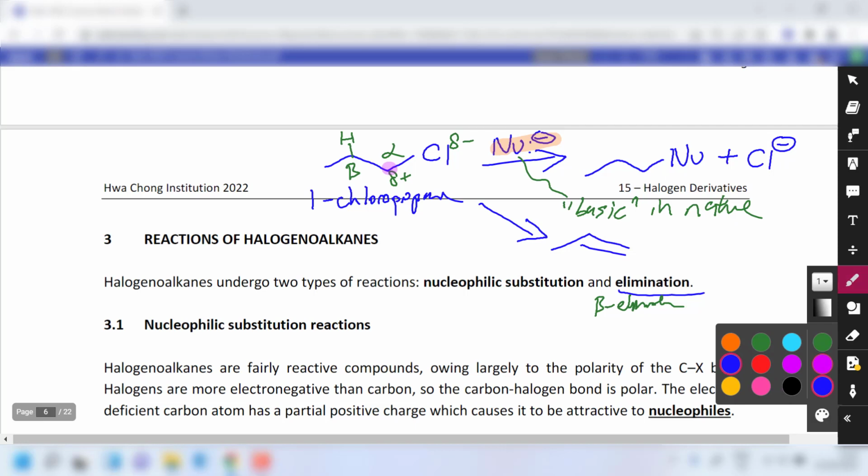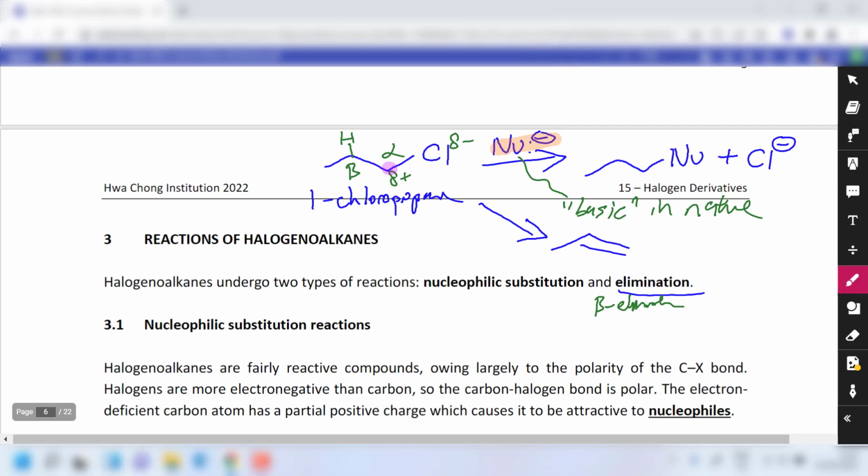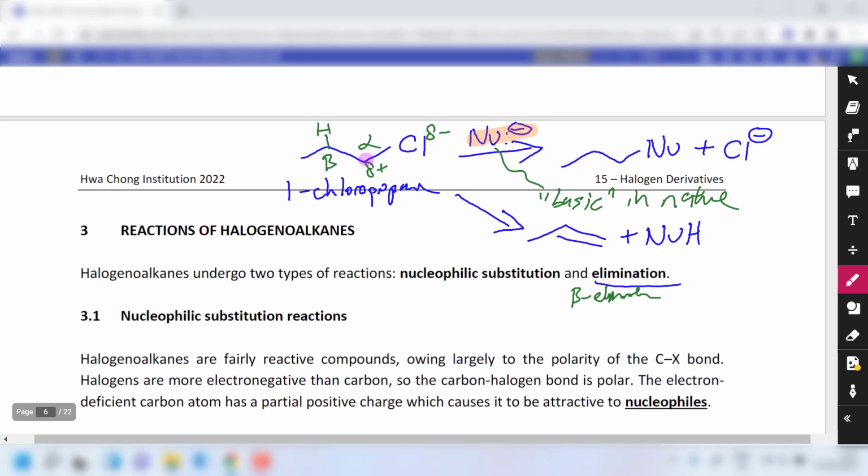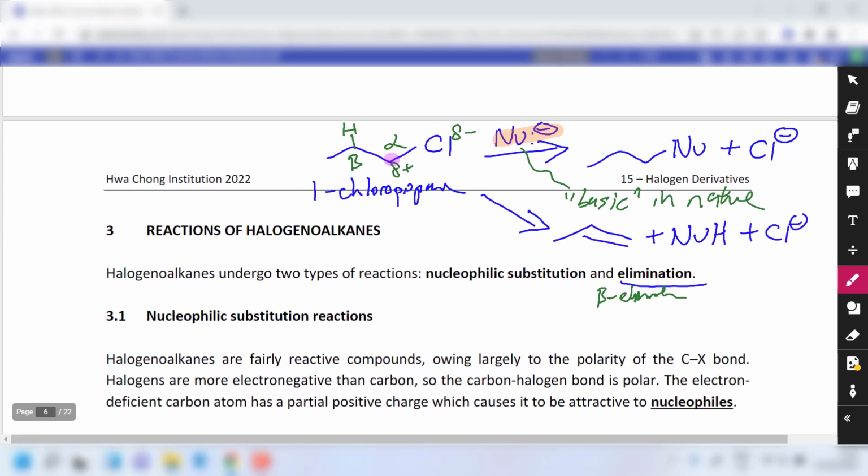So eventually you will end up with an alkene, as well as the nucleophile abstracting the H. So what we get here is the conjugate acid, and then of course plus Cl minus. In certain cases, it's mentioned that the net of this reaction is like expelling HCl, similar to the expulsion of HCl.